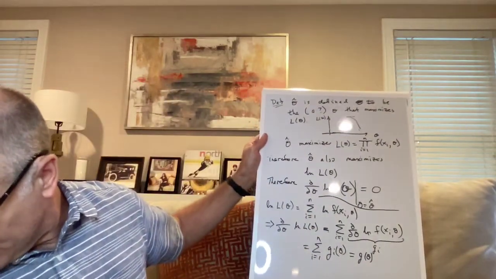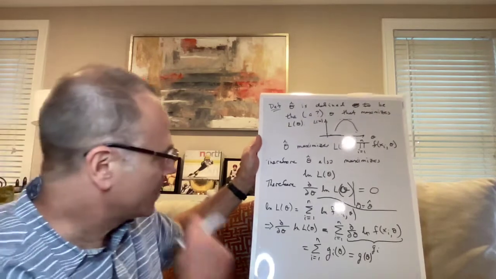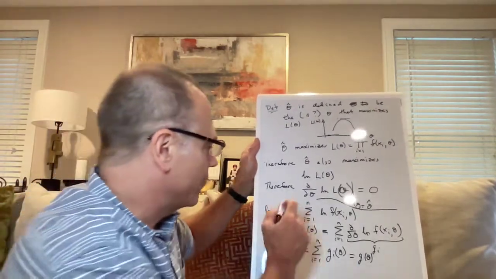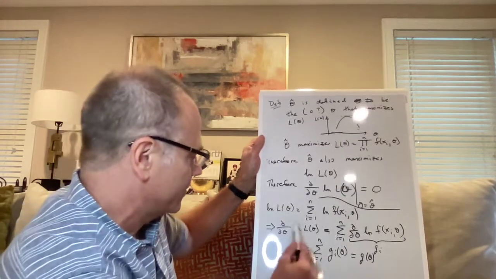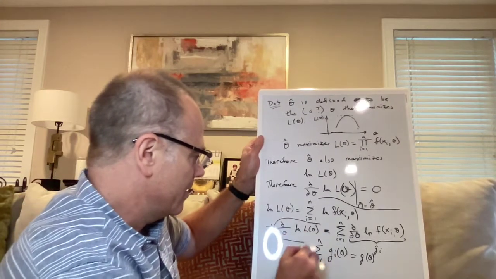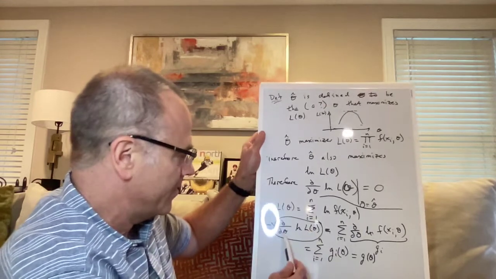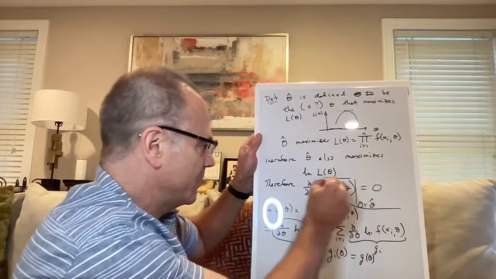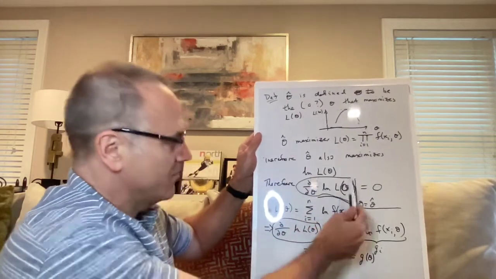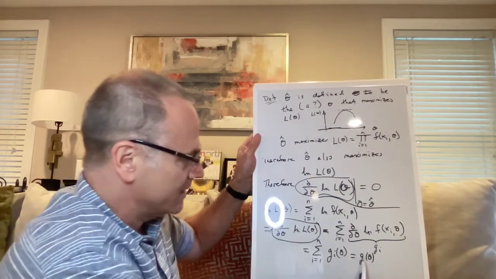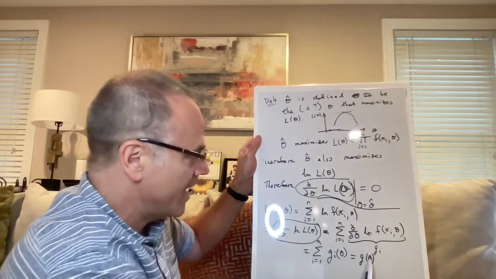So the derivative of the log of the likelihood with respect to theta has just got to equal g of theta.